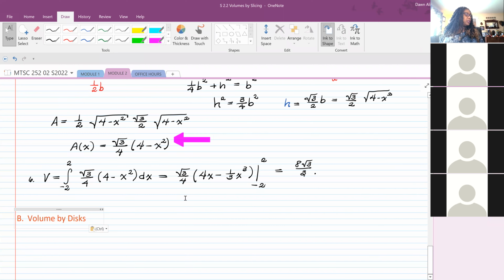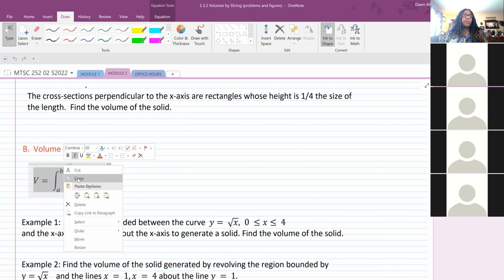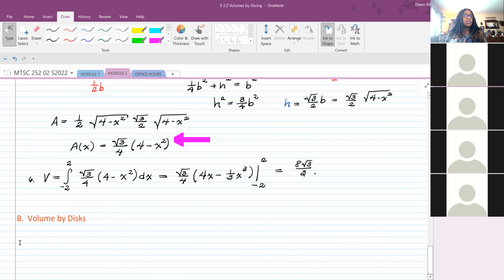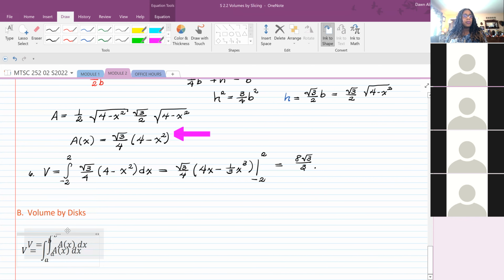Next, I want to do volume by disks. So I'm going to have the same formula again. Volume is still the integral from a to b of A of x dx. But this time, my cross-sectional areas are always disks.